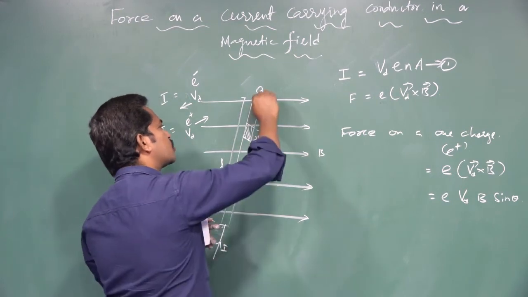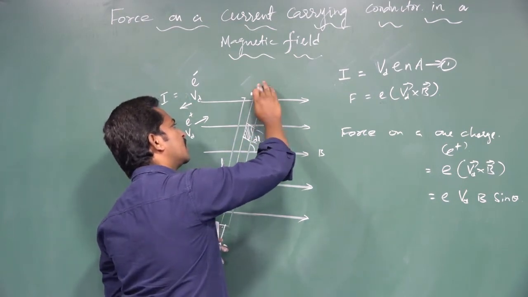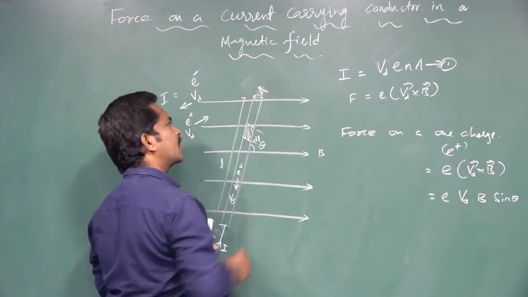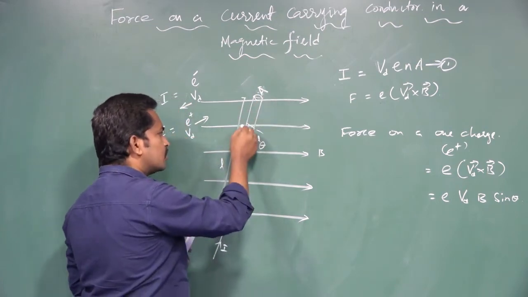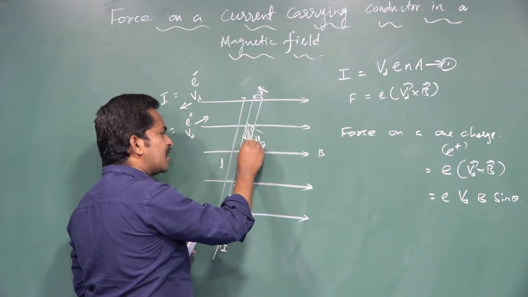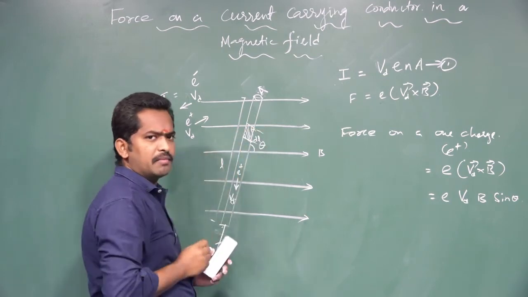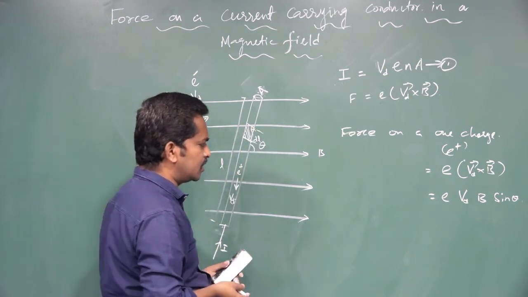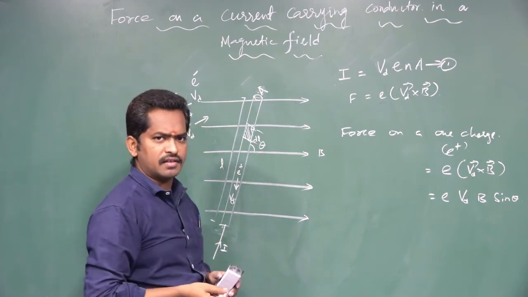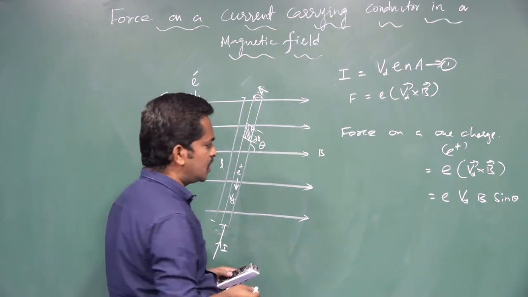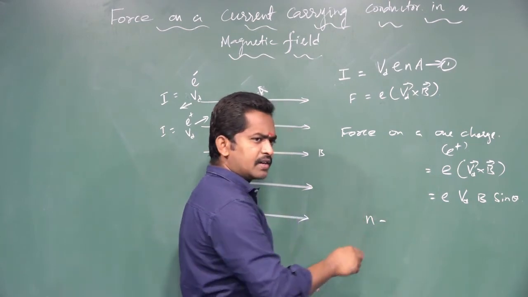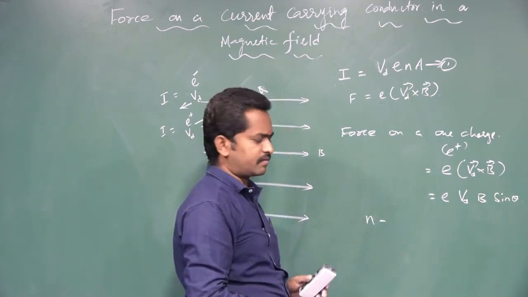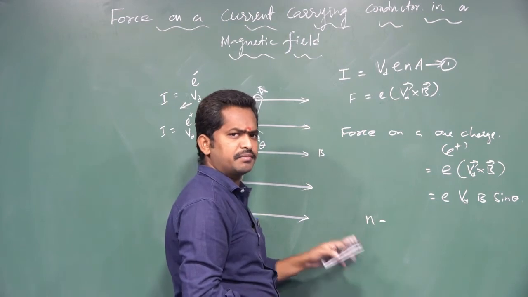The area of cross section of the current carrying conductor is A. I want to calculate the total number of free electrons in this small element dl. Here n is the number of free electrons per unit volume.